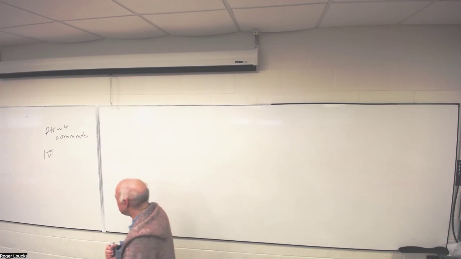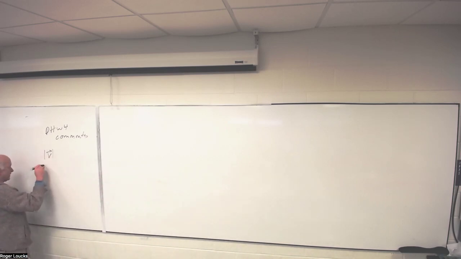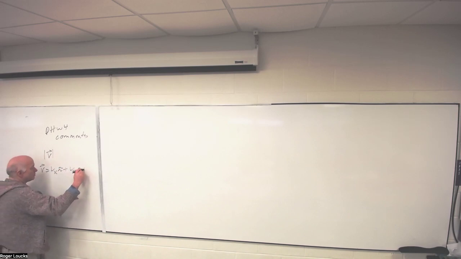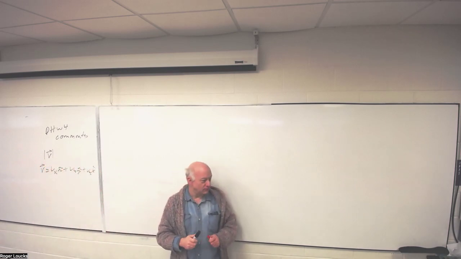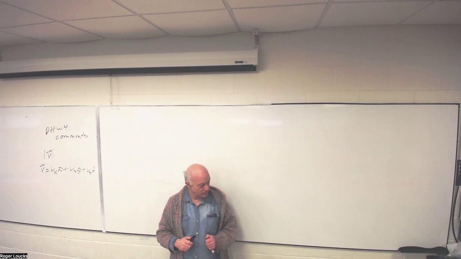For example, I told you that V is Vx i hat plus Vy j hat plus Vz k hat. What would you then do for the magnitude of V? Yes. It would be the square root of all of those squared.